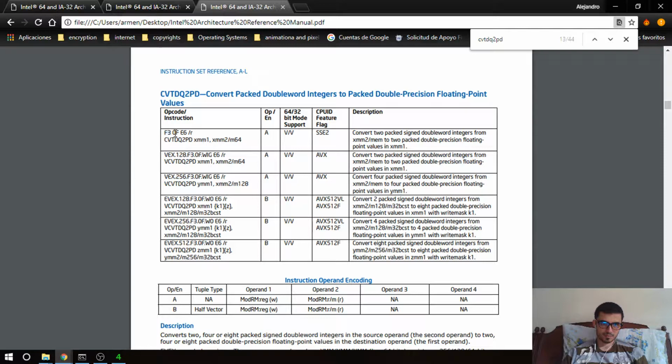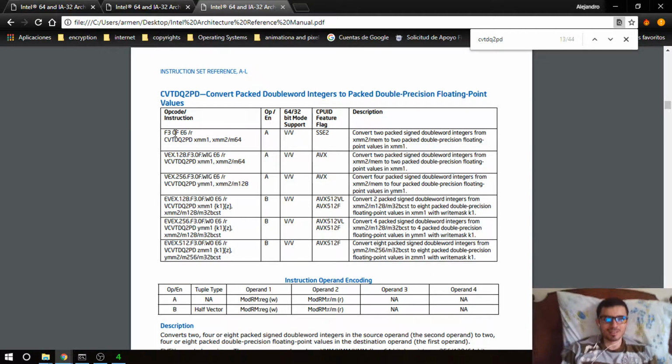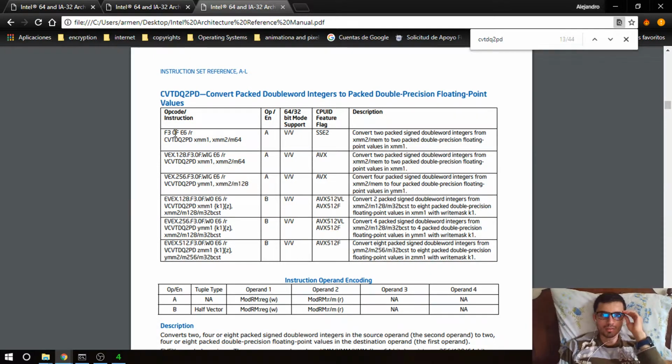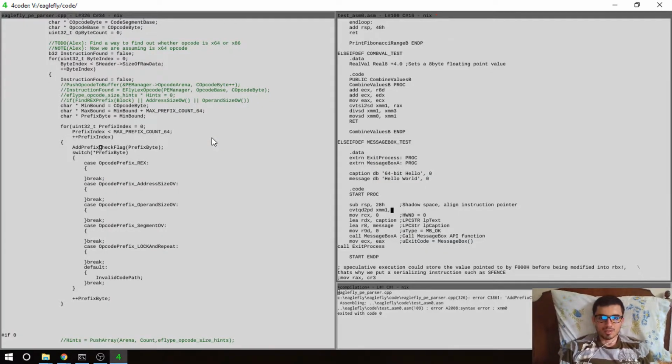Okay. For example, here we can see the encoding. We have F3 0F E6, which is the expected thing for this one. This is going to work with XMM1, XMM2, or M64. So the thing that I was looking for didn't work because it didn't have it.